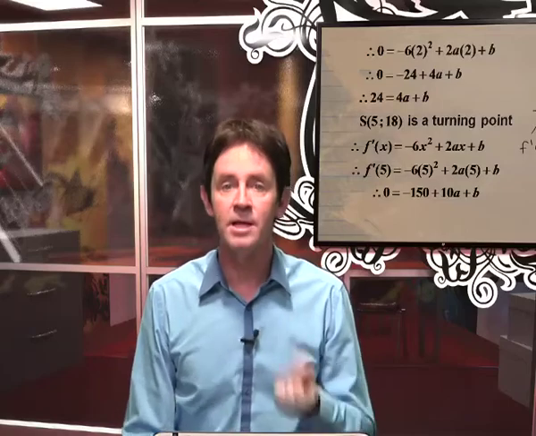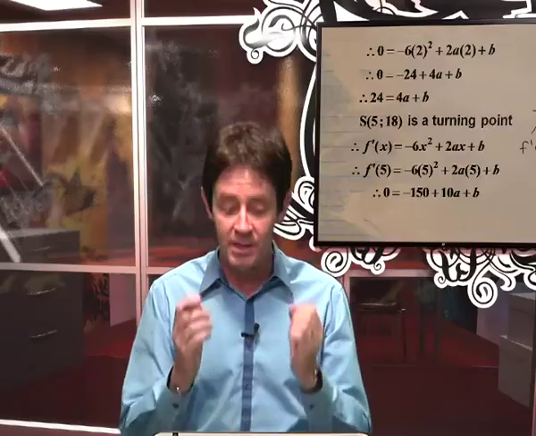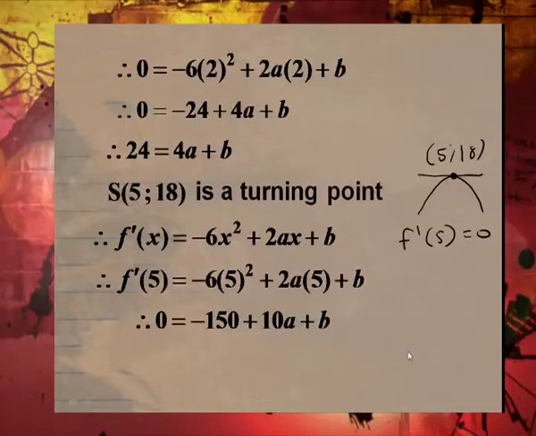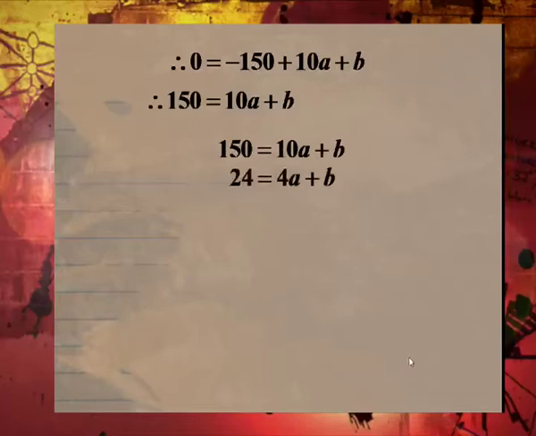At a turning point, the derivative at that point, in this case 5, is going to be 0. Okay, let's tidy up this equation. Now we've got that equation and the previous one, 24 is 4a plus b. Those are the two things.